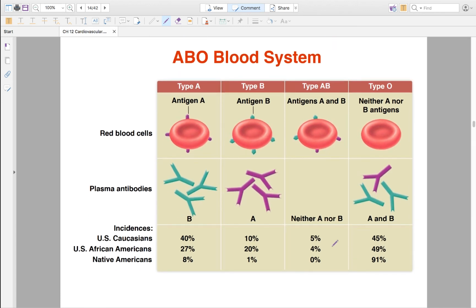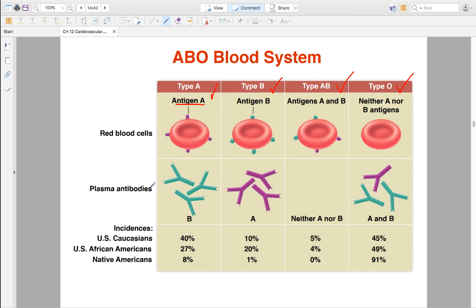All right, so we know that there is blood type A, blood type B, and O. People with blood type A, their body makes antigen A on the surface of red blood cells.